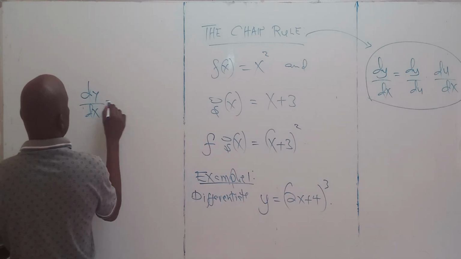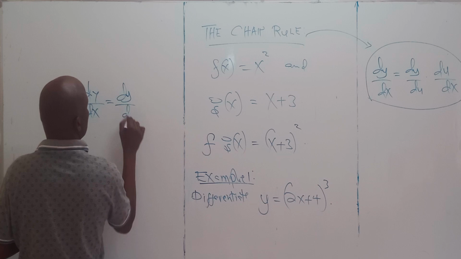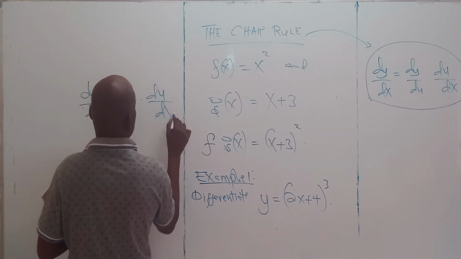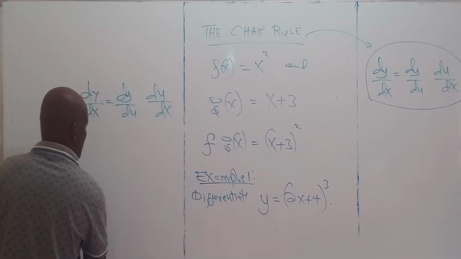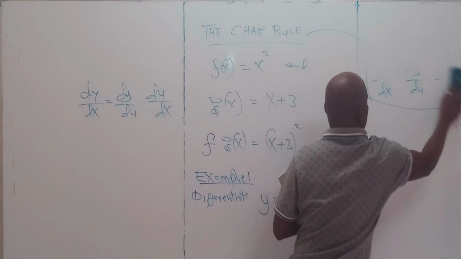So I'll be having dy dx is given by dy du dot du dx. That is the expression for the chain rule.